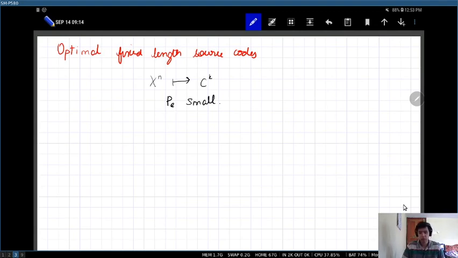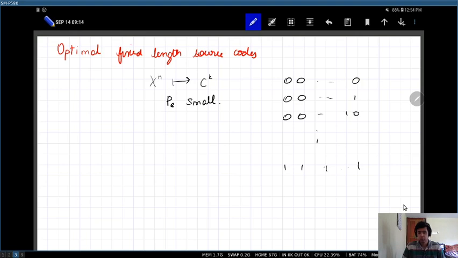Now if our goal is to minimize the probability of error and k is fixed, so these are all the k length binary sequences. You are allowed to optimize over all possible mappings.